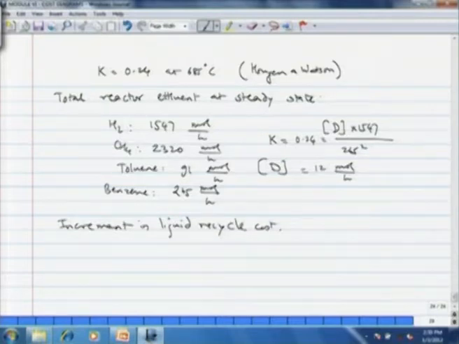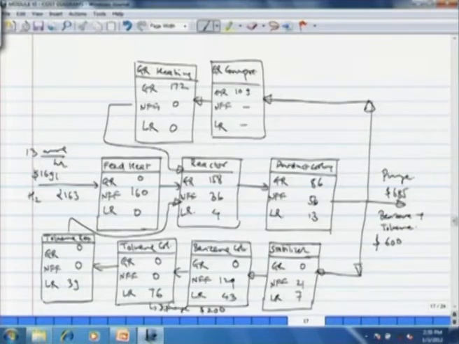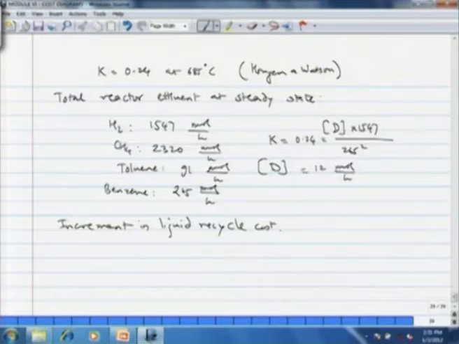Now, if you go to the cost allocation diagram and identify all of the quantities that are associated with liquid recycle, for example, the reactor total cost was $198,000 annual capital cost and $4,000 were allocated to the liquid recycle. Similarly, for product cooling, $13,000 were allocated to the liquid recycle. So, similarly, in the cost allocation diagram, you pick up those costs that are associated with the liquid recycle stream and then add them up. We will find that the liquid recycle cost will go up by the ratio 12 by 91.